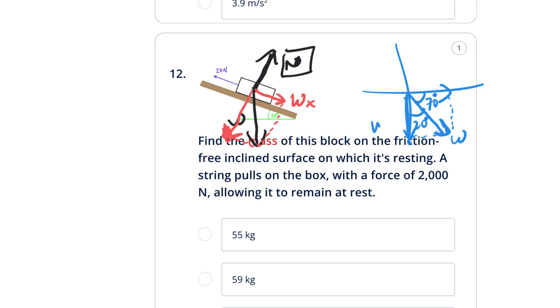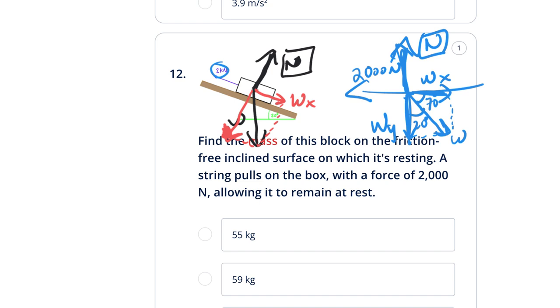So here's Wy, here's Wx, here's the normal force pointing up, and here's 2 kilonewtons, which is 2,000 newtons of tension pointing to the left. Oh, there's no friction to worry about.